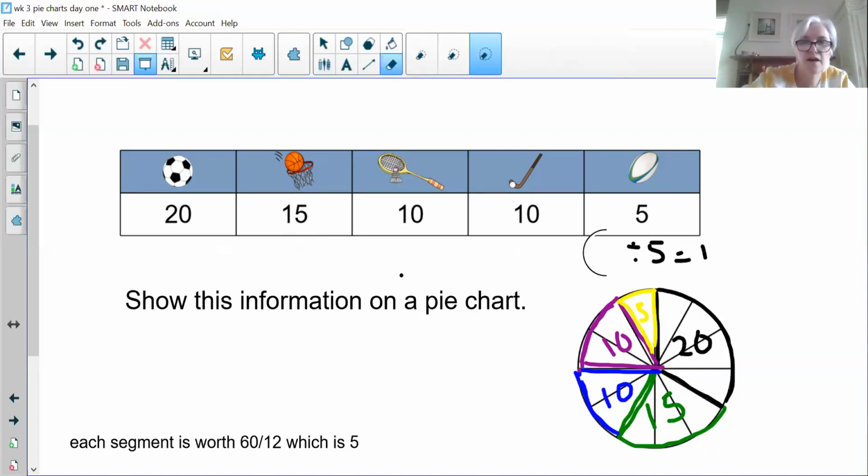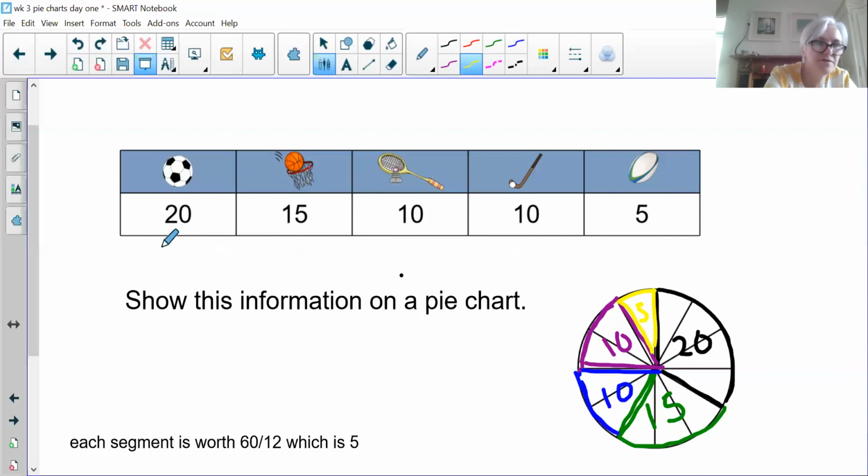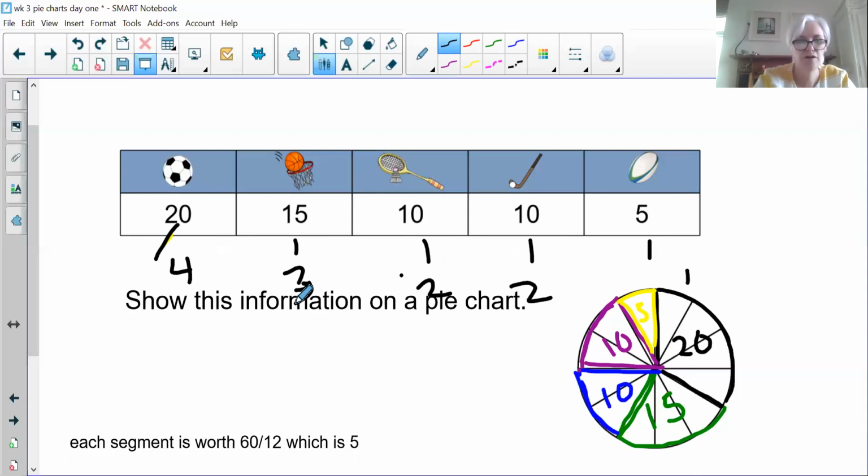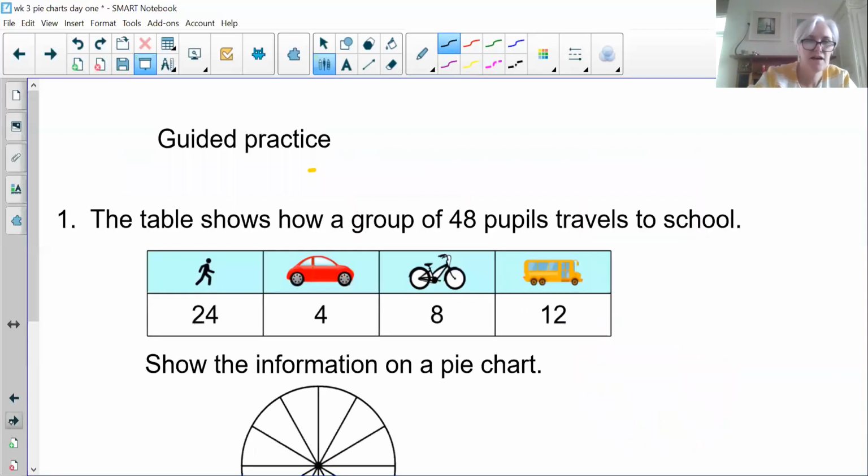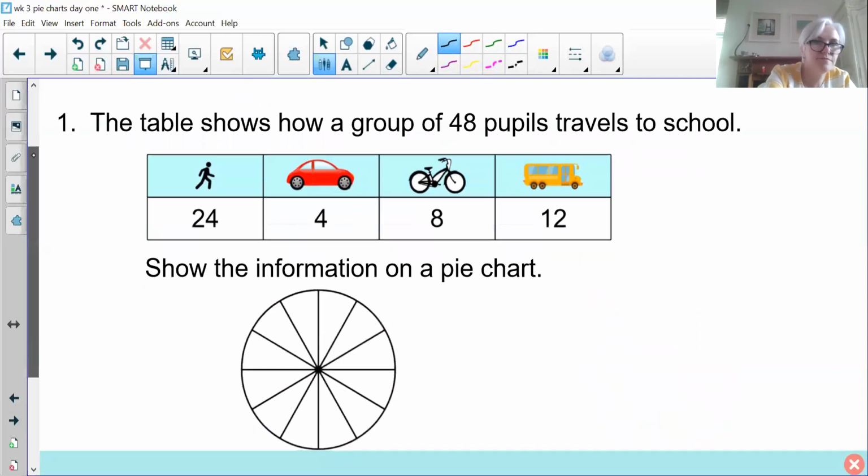So I asked you to work out how many segments for each, so just to make it simpler, that should be 4, that should be 3, that should be 2, that should be 2, and that should be 1. Okay, hopefully you got that. And let's have a look at this one. So this one is about a group of 48 pupils who travelled to school.